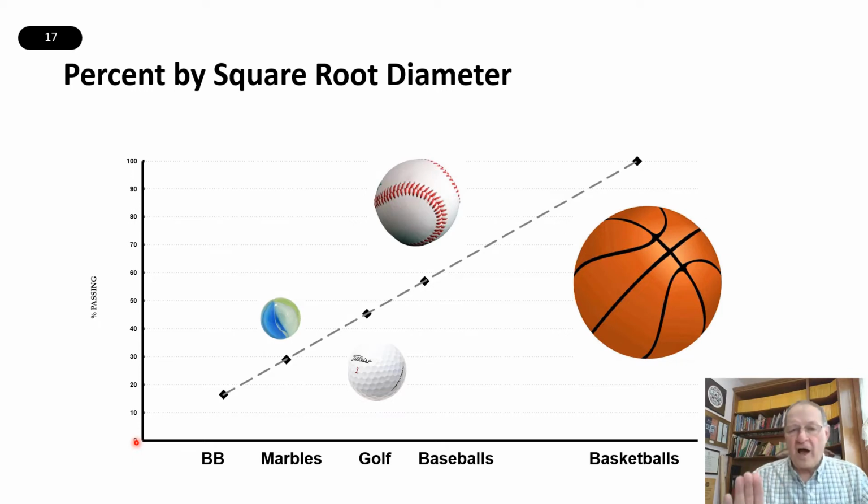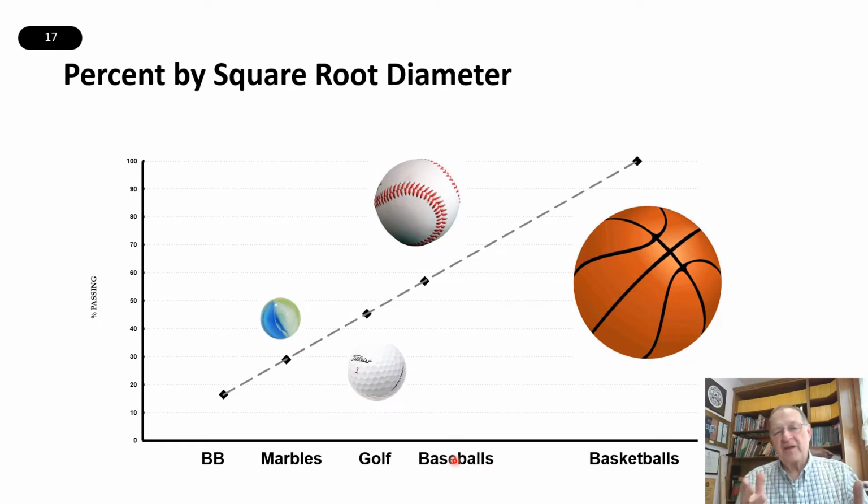Now, rocks don't pack together quite the same way that balls do. This line is a straight line on a graph of the square root of the diameter of the balls. Another way of saying square root of the diameter is to say the diameter raised to the 0.5 power.